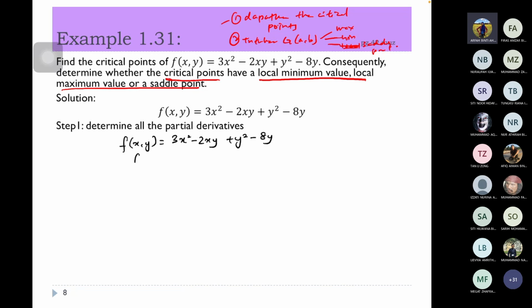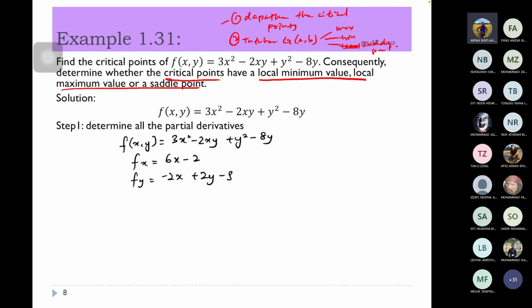Okay. fx akan sama dengan 6x tolak 2y. Okay. And then fy akan sama dengan negatif 2x tambah 2y tolak 8. Dapat kan? Ni dia punya partial derivative.